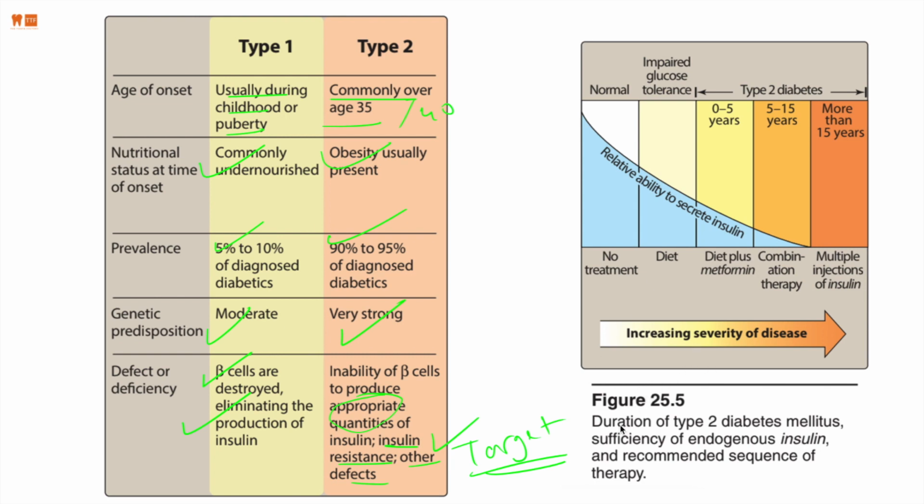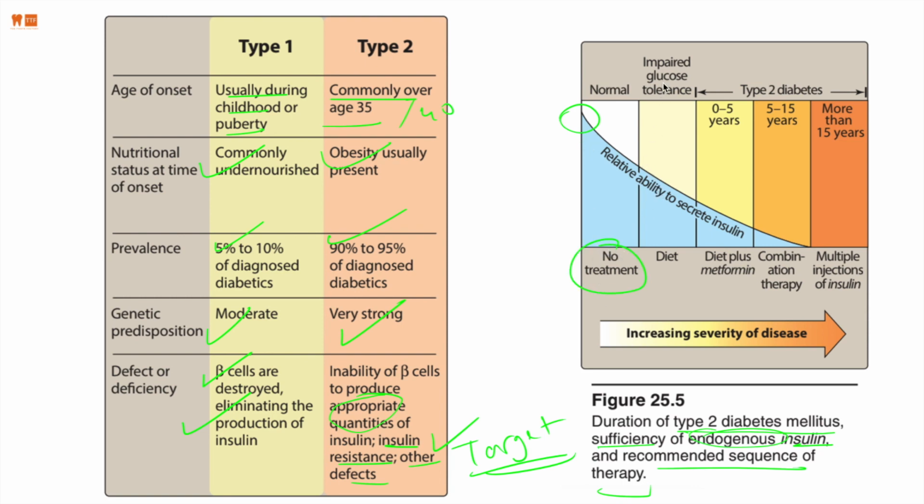This chart here demonstrates the duration of type 2 diabetes mellitus, sufficiency of endogenous insulin, meaning the insulin that the body produces, and the recommended sequence of therapy. So let's take a look at this nice summary. Normally, the relative ability to secrete insulin is very high, and no treatment is needed.